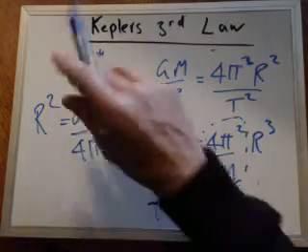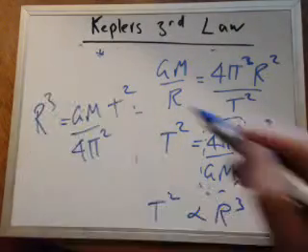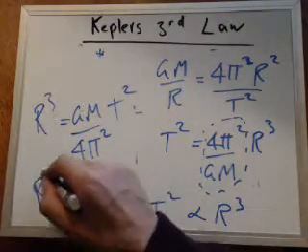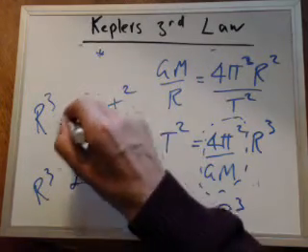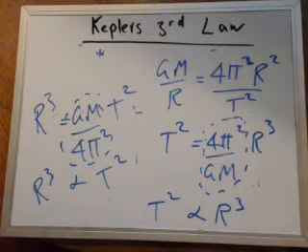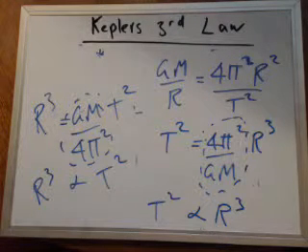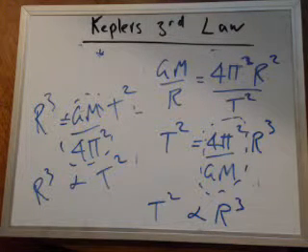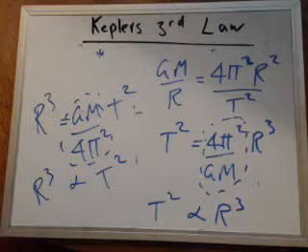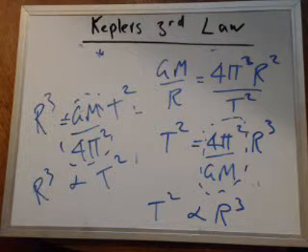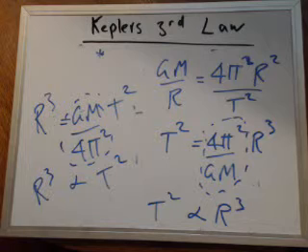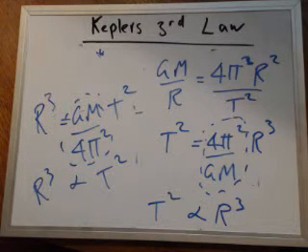So r cubed is proportional to T squared, and again that's a constant. So what it's showing is that the cube of the distance between a planet and the moon is proportional to the square of the time it takes for an orbit, and that is Kepler's third law.